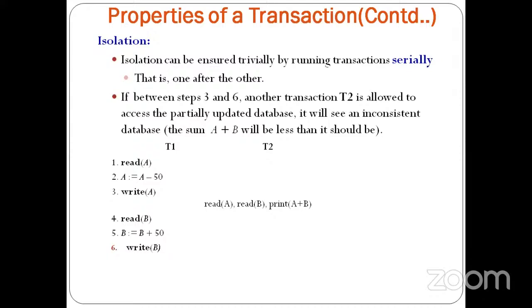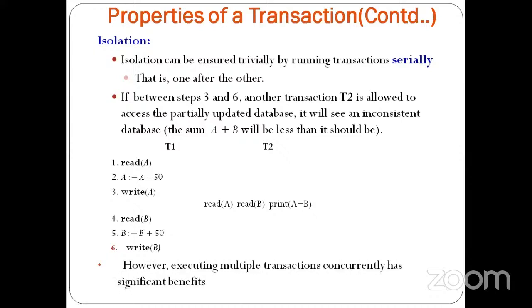So it will see an inconsistent database when we are doing any transactions, like the sum of A plus B should be equal to A plus B for T1 and T2 while reading A and B. Executing multiple transactions concurrently has significant benefits.